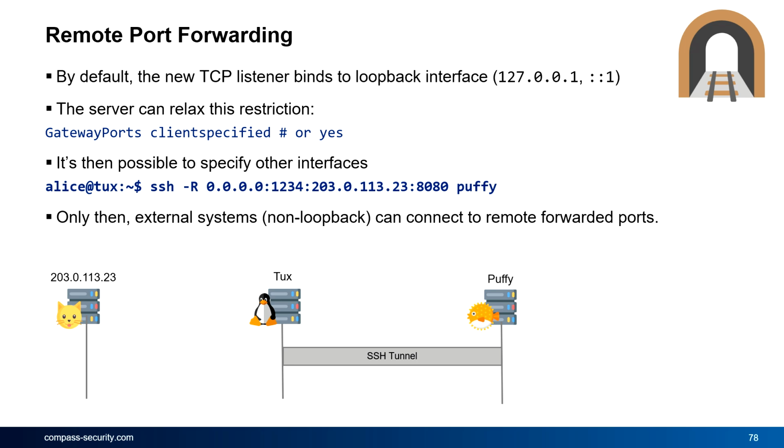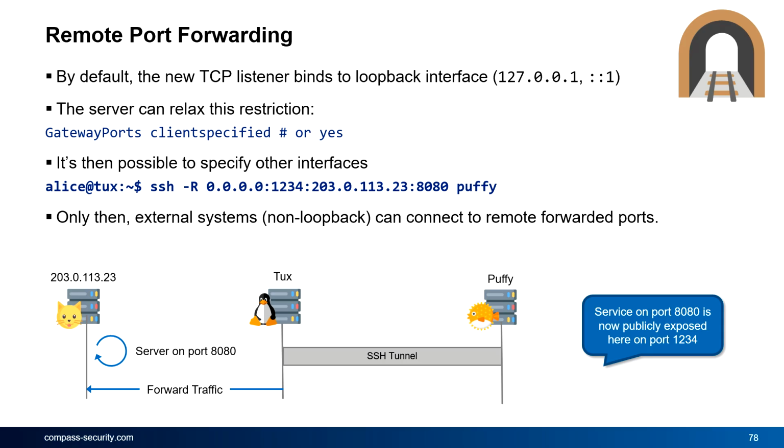Alice on the TOX system establishes an SSH tunnel to Puffy and does remote port forwarding and forwards the port on the server to port 8080. And now we have here on Puffy a service that is bound on port 1234 on all interfaces and therefore exposed to all other networks where Puffy is connected to.